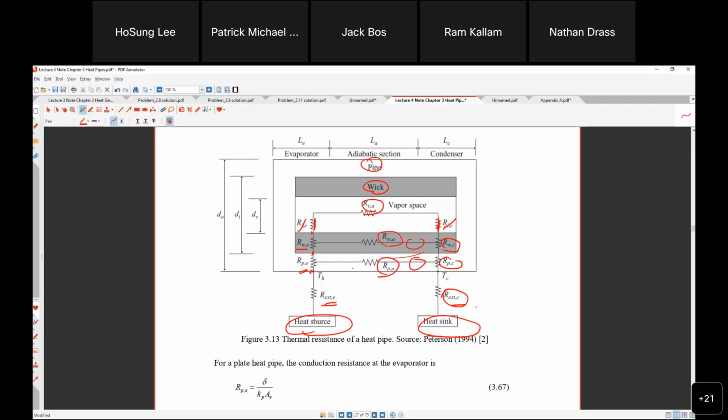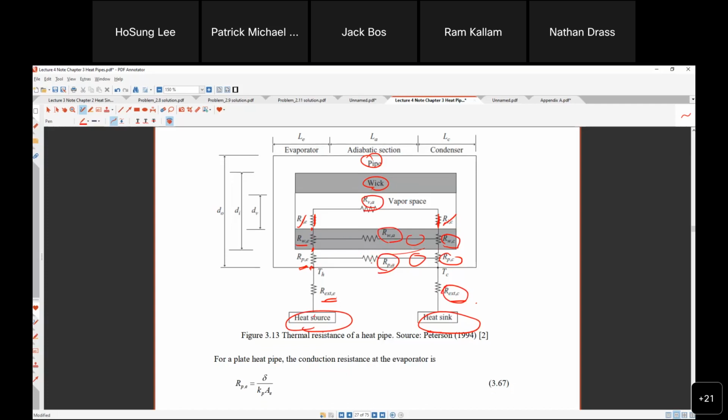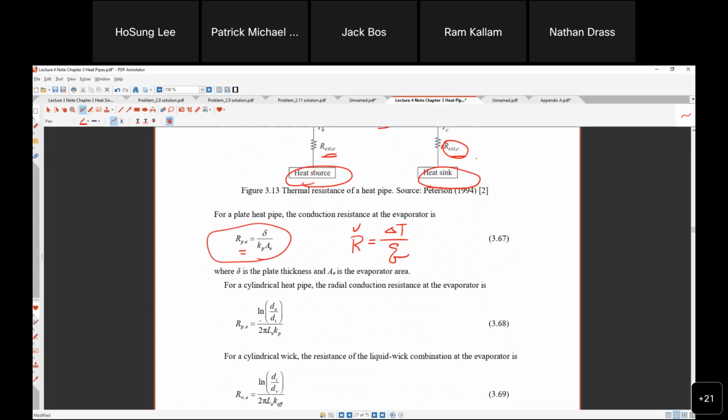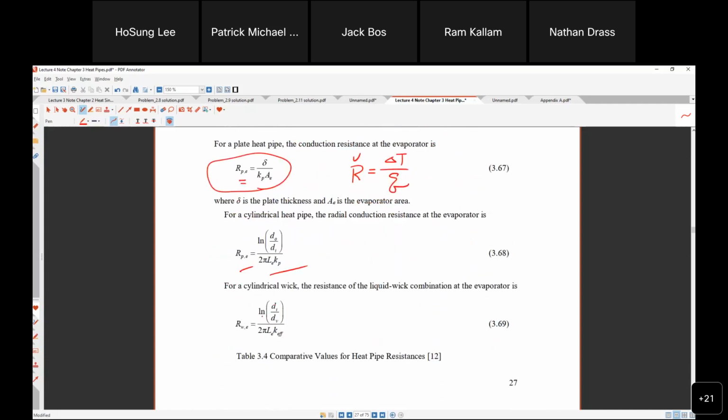Like thermal or electrical, it's similar, so we construct a similar thermal circuit. The resistance again is the temperature difference over Q, the thermal resistance. For the evaporator we can use the cylindrical formula. For the wick we can also use it, but you have to use an effective value because there are two substances, wire and liquid.